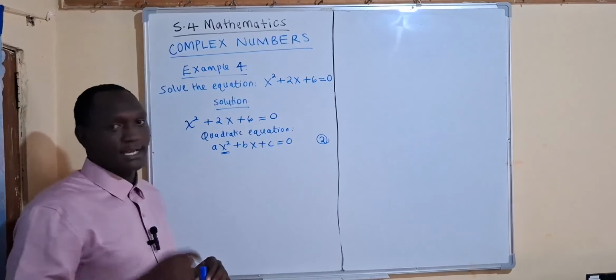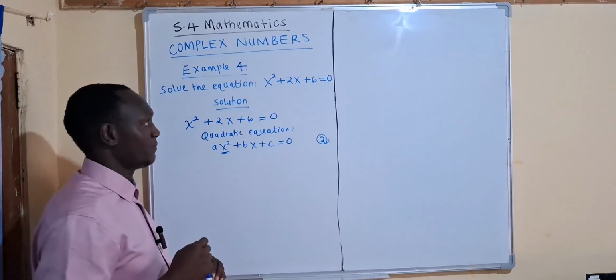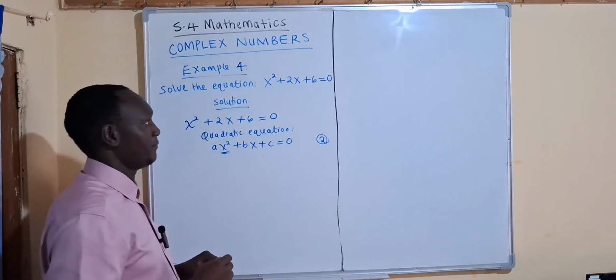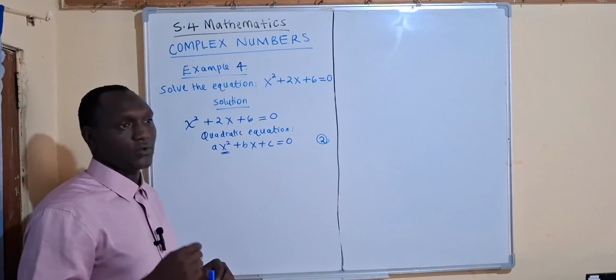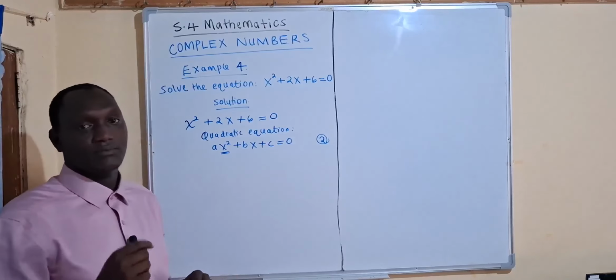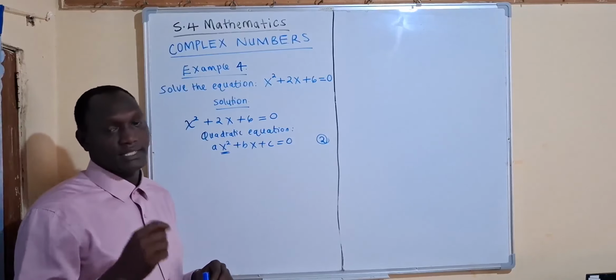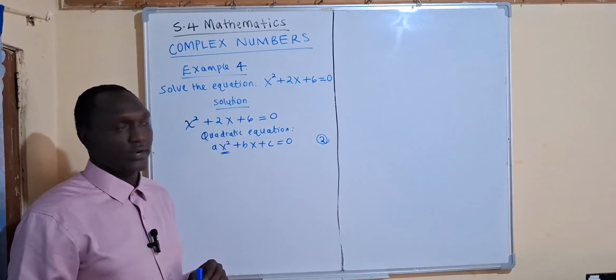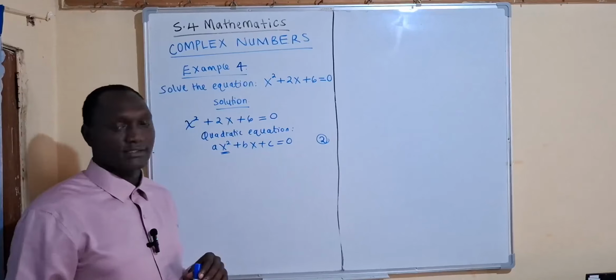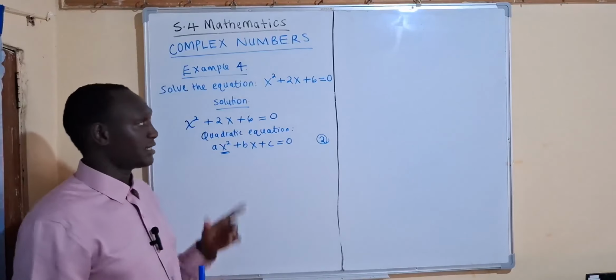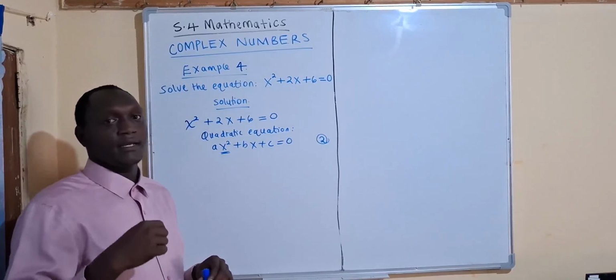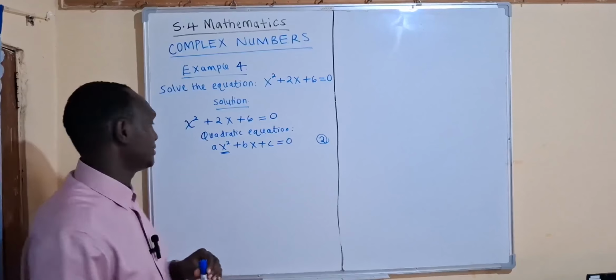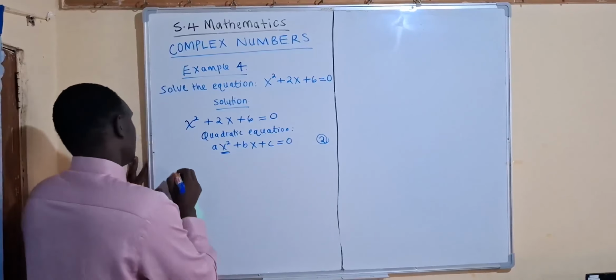So the last resort is using the formula. The quadratic formula is obtained from the method of completing squares. That means the method of completing squares can assist, but using the formula is more direct.